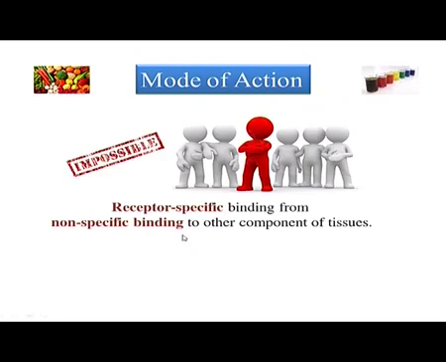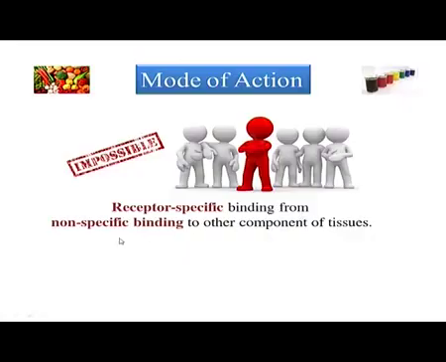More difficult is isolating the exact receptors which are able to send a signal for sweetness. In the previous lectures, I have already apprised you about receptors and how receptors behave. The problem in hand here is that isolating receptor specific binding of those sweetener molecules from non-specific binding to other components is extremely difficult.